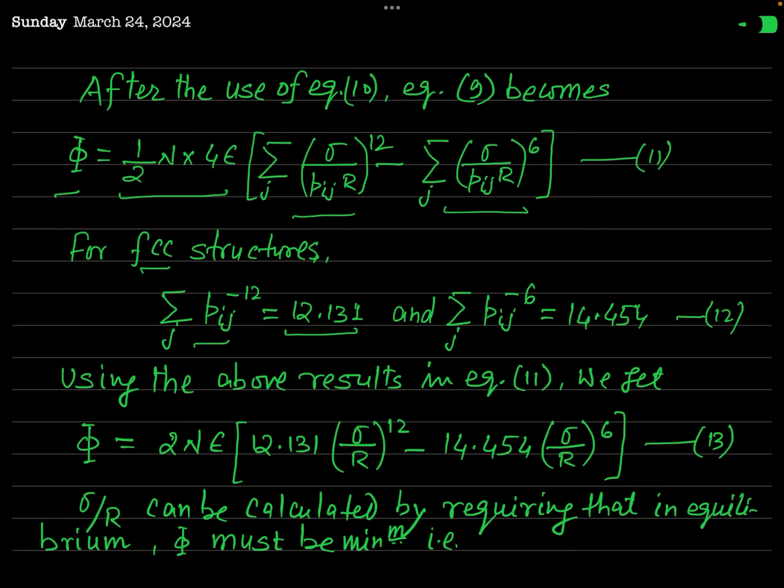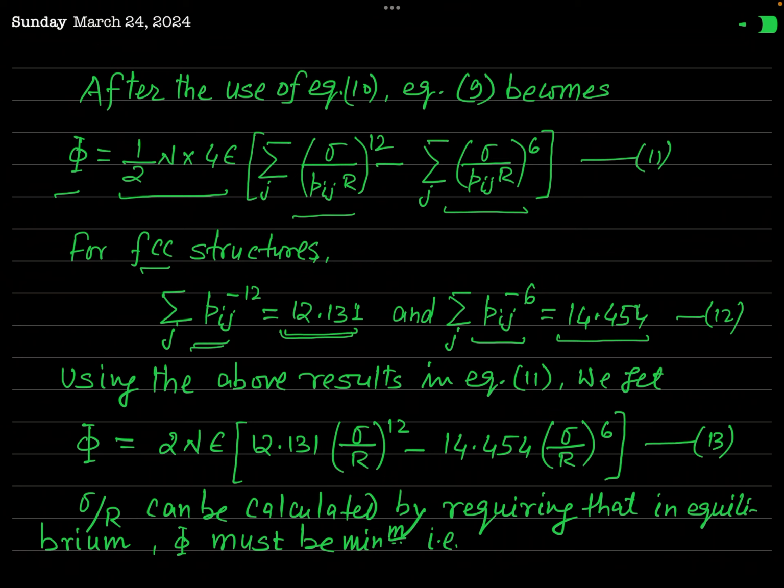Similarly, for the same FCC structure, the summation over j of p ij to the power minus 6 is equal to 14.454. So now let us substitute the values of these summations of p ij to the power minus 12 and minus 6 in equation 11.